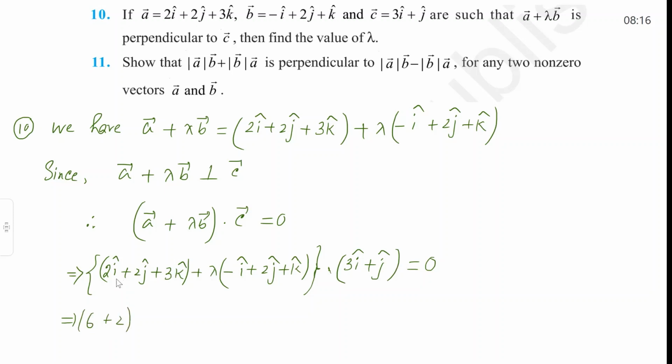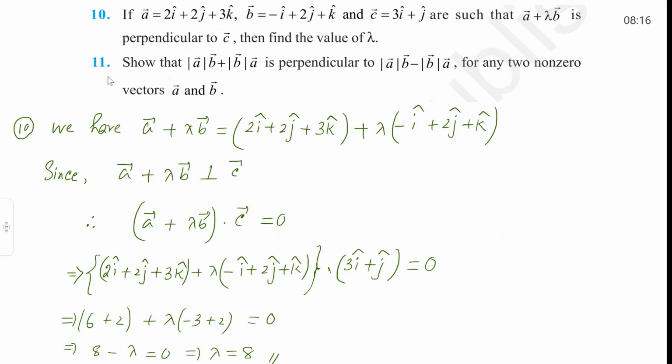Then plus lambda, remaining same because it is a scalar, times the dot product of the second vector: minus 1 into 3 is minus 3, then 2 into 1 is 2, and k cap is absent, equal to 0. Here 6 plus 2 is 8, and this is minus 1, so 8 minus lambda is equal to 0, which implies lambda is equal to 8 only. So that is the answer for the question.